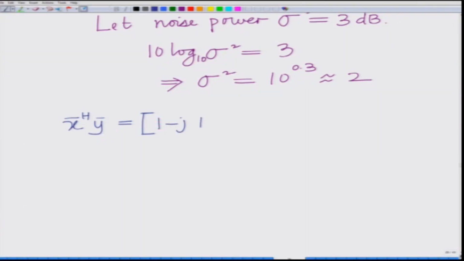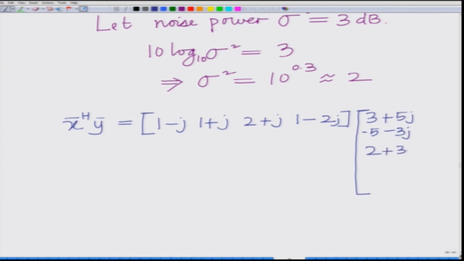That becomes 1 minus j, 1 plus j, 2 plus j, 1 minus 2j, into 3 plus 5j, minus 5 minus 3j, 2 plus 3j, minus 3 minus 2j. You can calculate this, and this is going to be 6j.